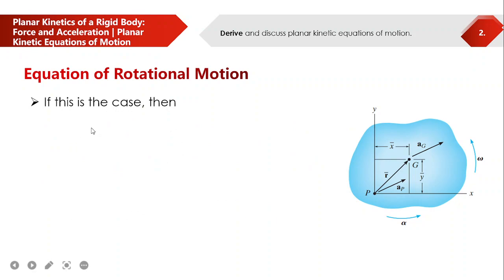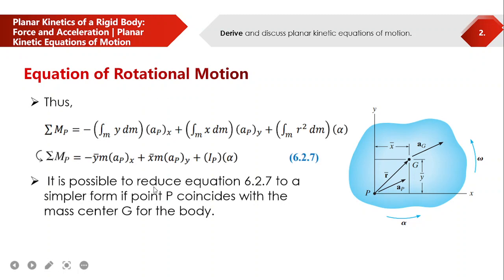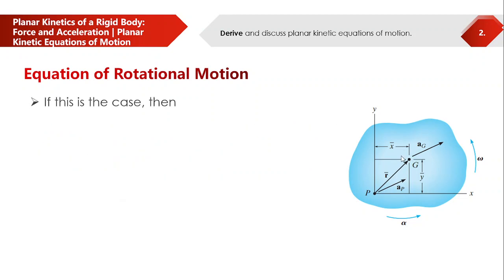If this is the case, since it is at the center, our x bar and y bar will be zero. The center of mass is exactly at point P, so there are no more distances. So x bar and y bar will be 0.